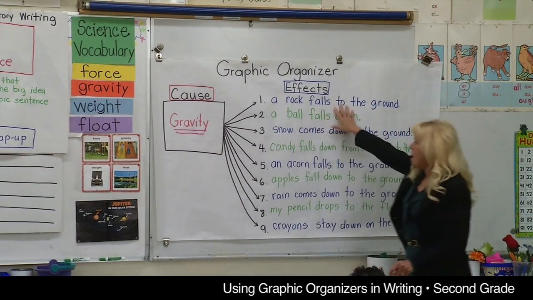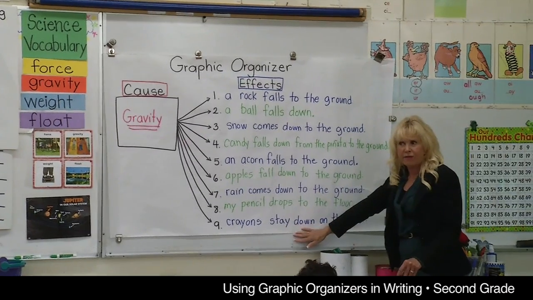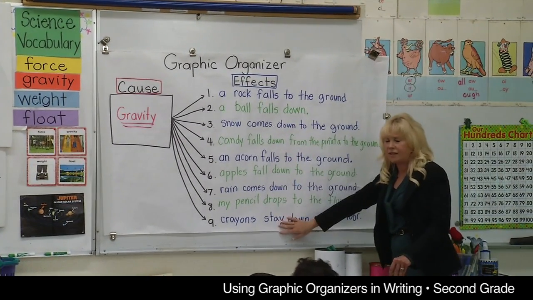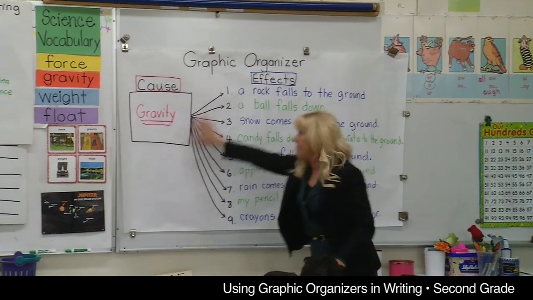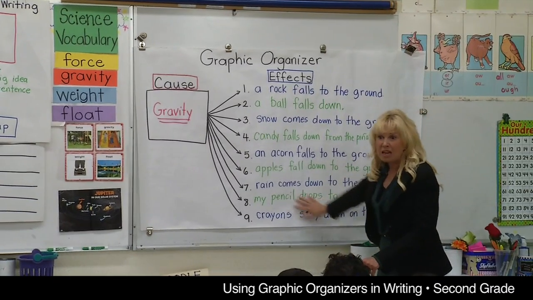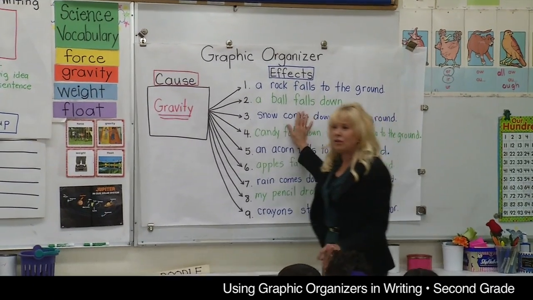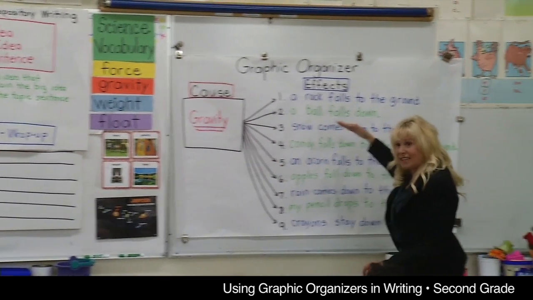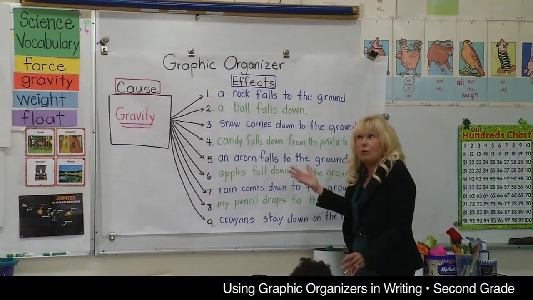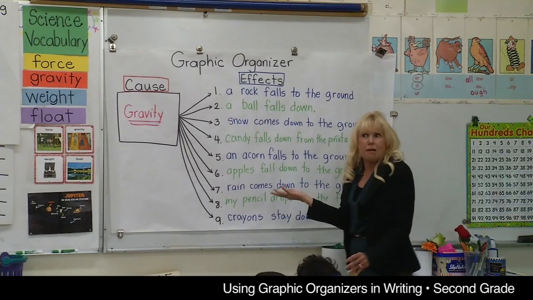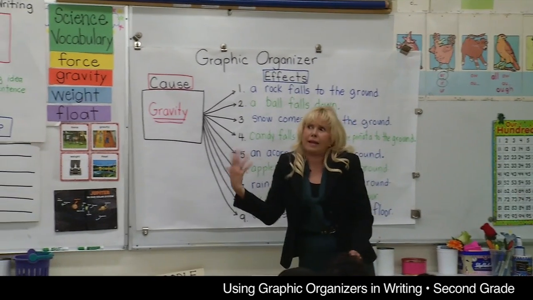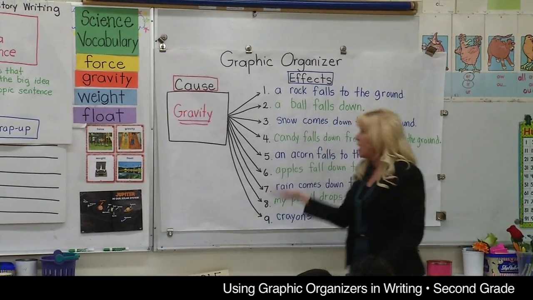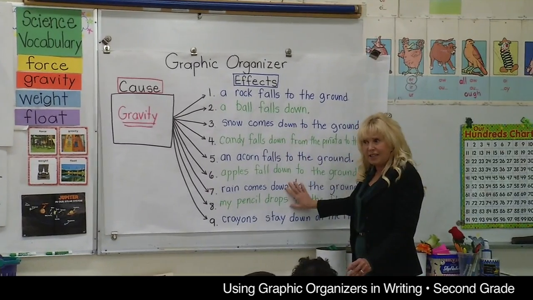Gravity makes many things happen, because look at all these things that we know gravity does. All right, so that could be our big idea. Then later we could write the details to explain that. Well, what do I mean gravity makes many things happen? What could be an example of what gravity does? Those could be our details.